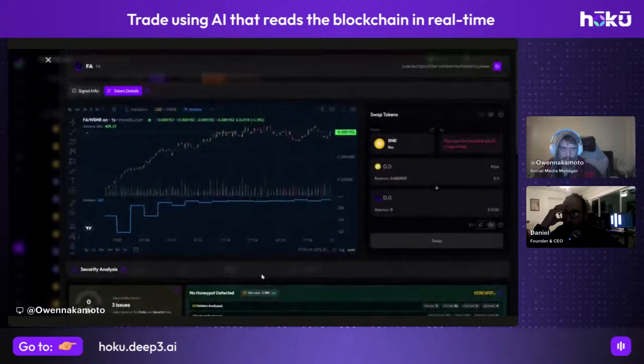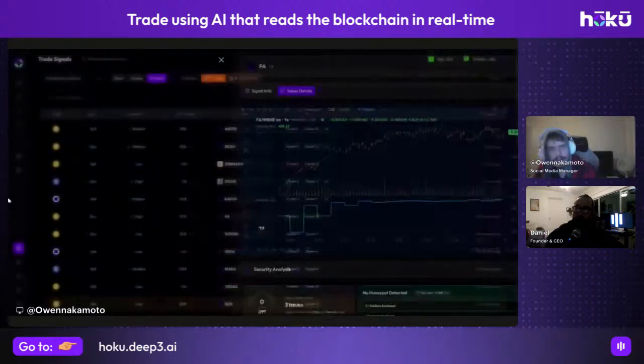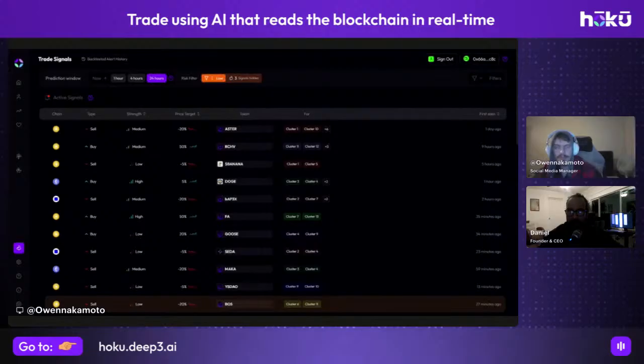How can I find the date on that? Just go into terminal.